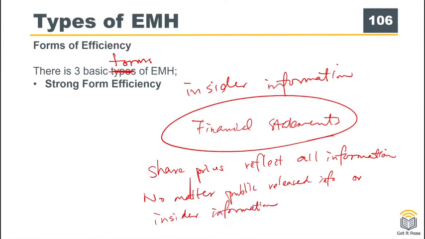Okay, it's very important. For strong form efficiency, the share prices reflect all information, no matter whether it's public released information or insider information.